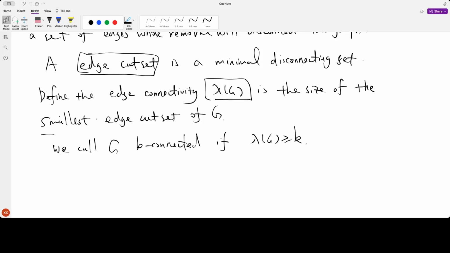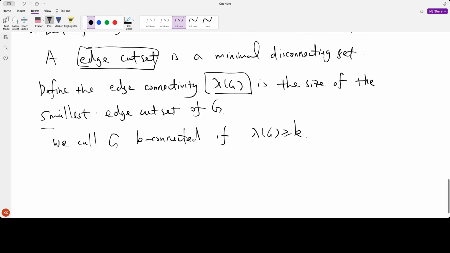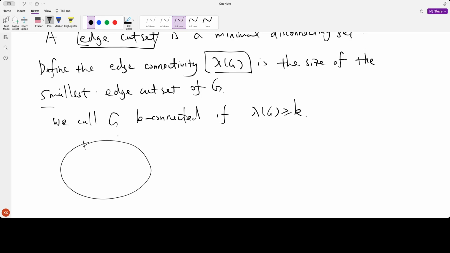Okay? So for example, let me consider a cycle. So here is a cycle, 1, 2, 3, 4, 5, C6. If you delete one edge, it's not enough to make it disconnected. But if you delete two edges, the graph becomes disconnected.